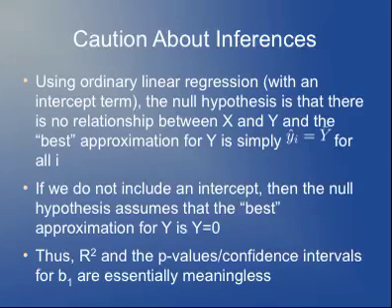There's no good way to test that hypothesis without including an intercept in the model. So that's why I always include the intercept in the model, even in cases like the cars example where you get nonsensical things like predicted negative stopping distances. It's the price you pay to be able to make reasonable inferences about the slope.